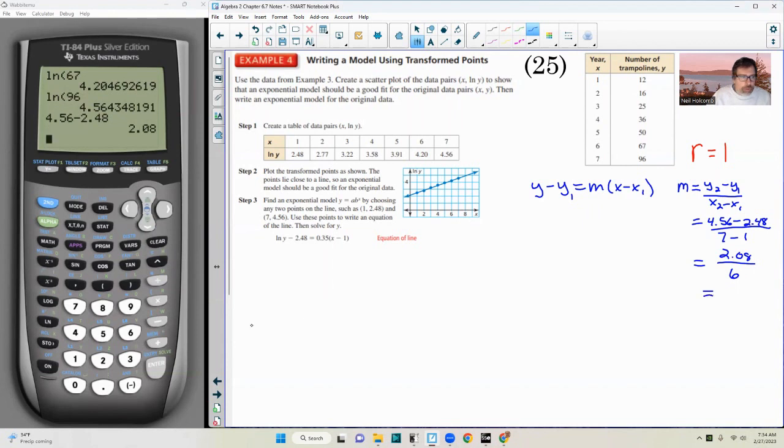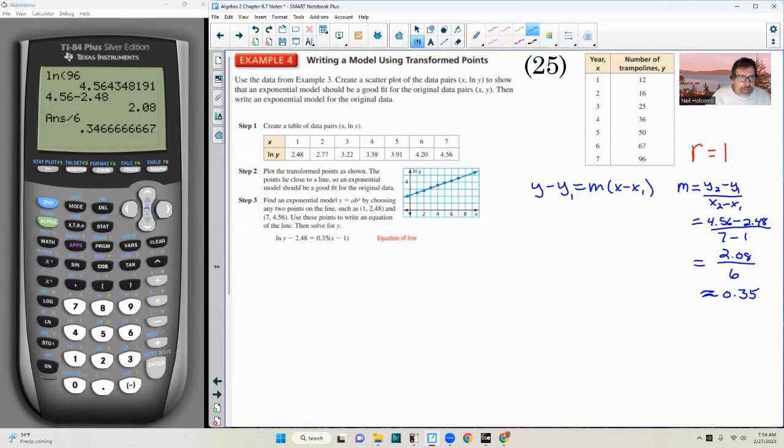So therefore, our slope is going to be 2.08 divided by 6, which is 0.35 approximately. So I'm going to make that an approximation, and it's 0.35. And as you can see, that's right there. Okay, so that's how they got that slope.